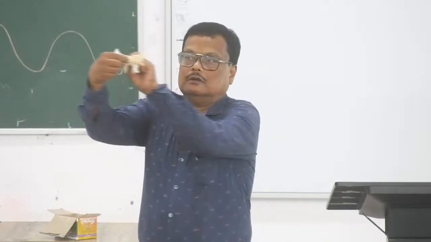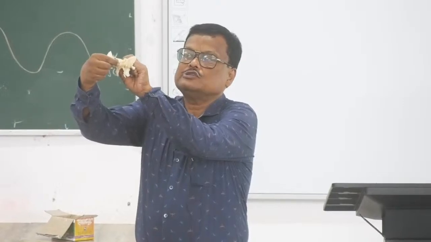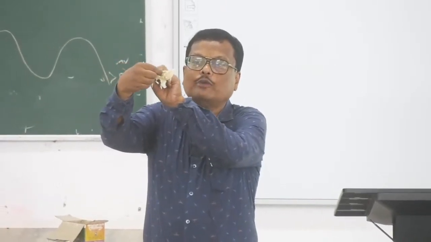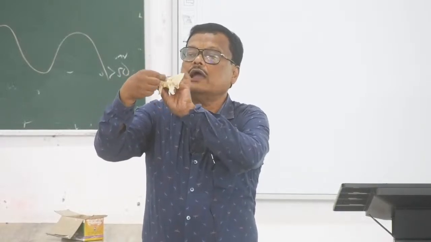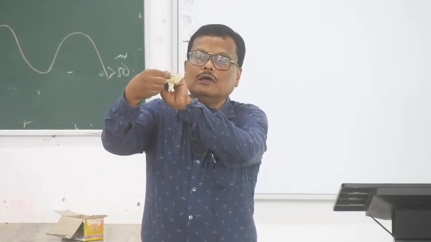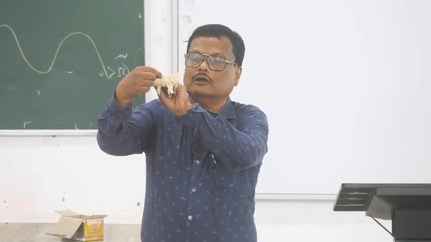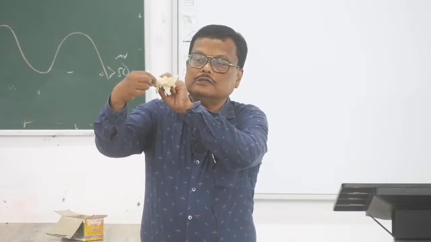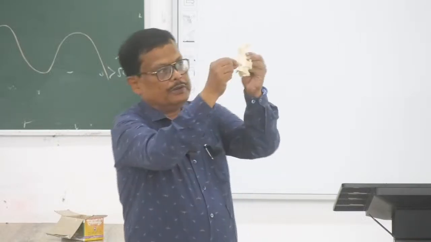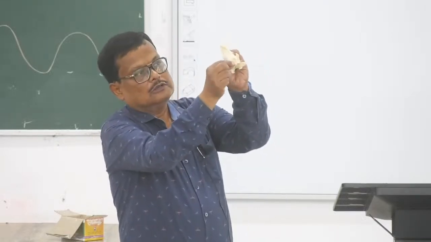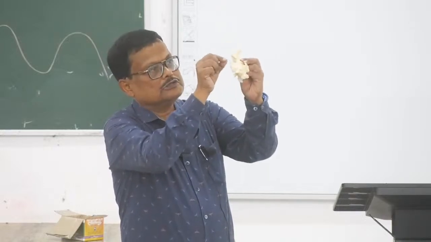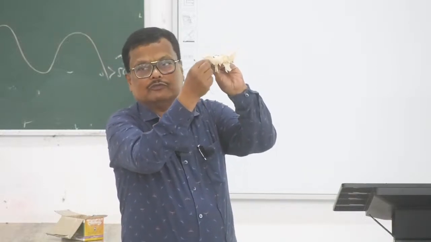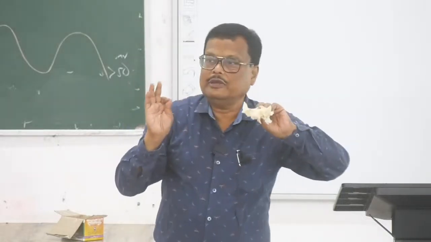This part is known as the superior orbital fissure, close to the apex. The apex is above and medial to the superior orbital fissure, right? This is the superior orbital fissure, very important, that will be required.